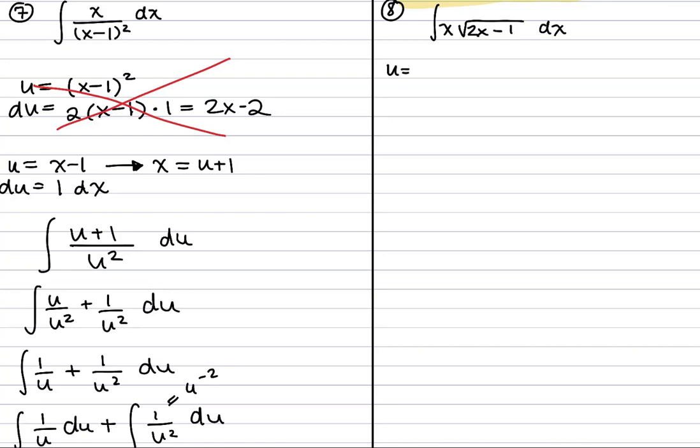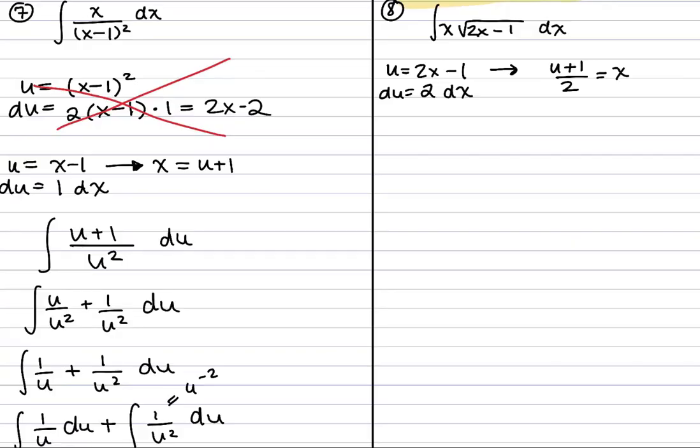So my first guess is going to be to make u equal to 2x minus 1, which would make du 2 dx. When I rewrite this, I notice I have another little extra x, so it might be helpful to realize that x would be (u plus 1) over 2. And how am I doing that?